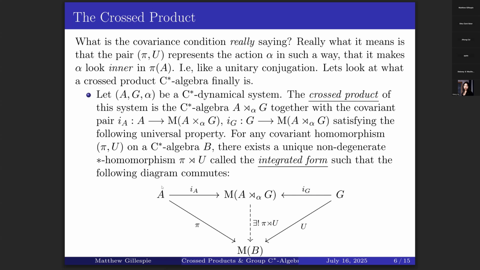I want to break down what this is, because this is a very complicated looking construction. Lots of things going on here. To break down what this is saying, I'll refer back to this commutative diagram on the next slide.